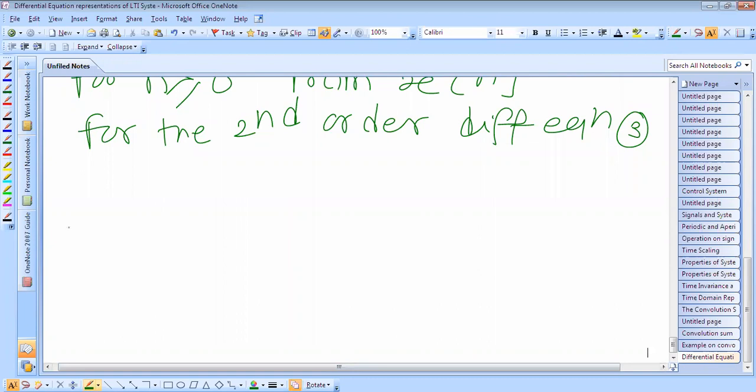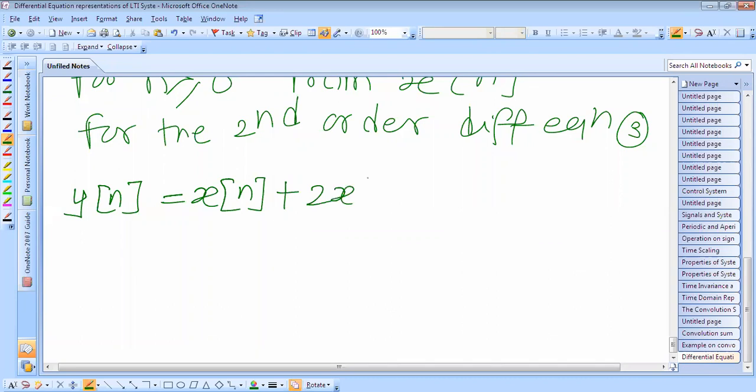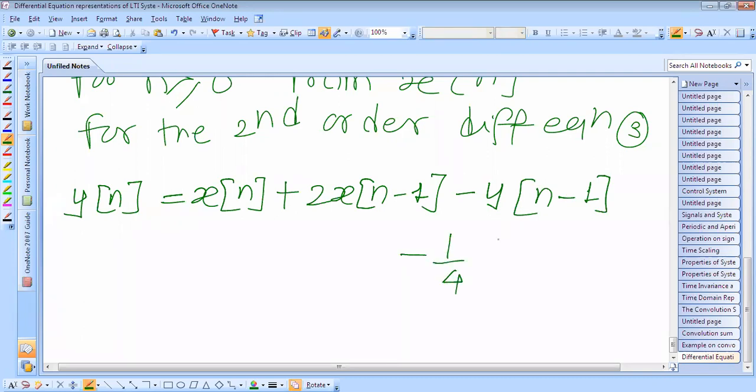So y of n is equal to x of n plus 2x of n minus 1 minus y of n minus 1 minus 1 over 4 of y of n minus 2. This is equation number 4.